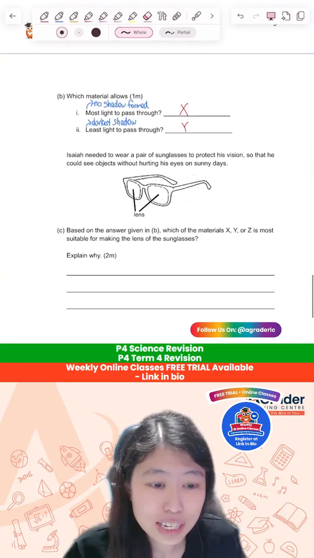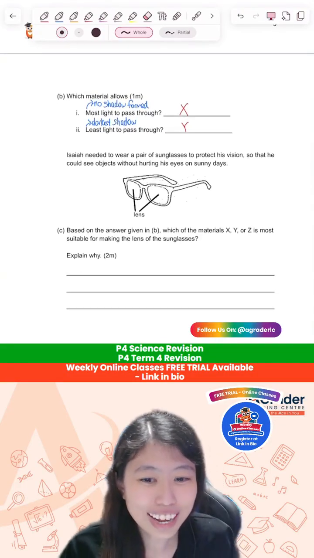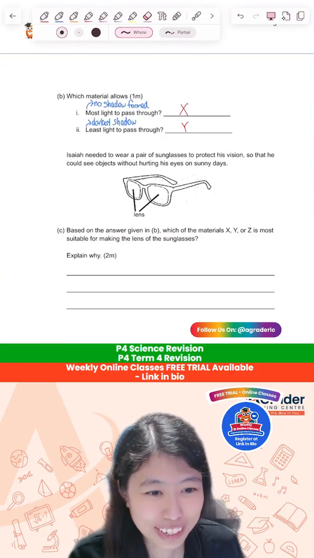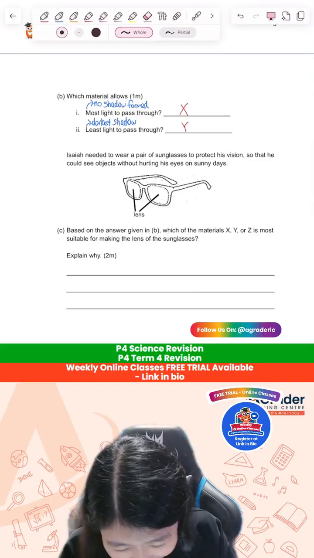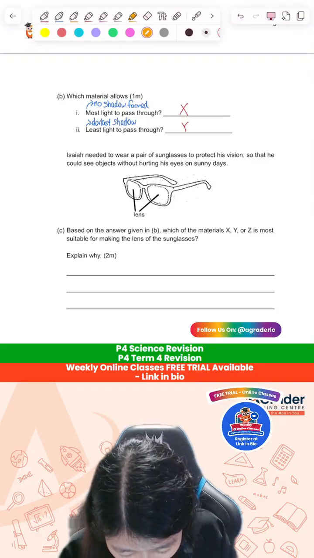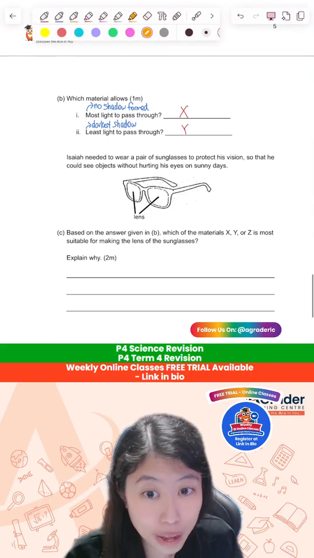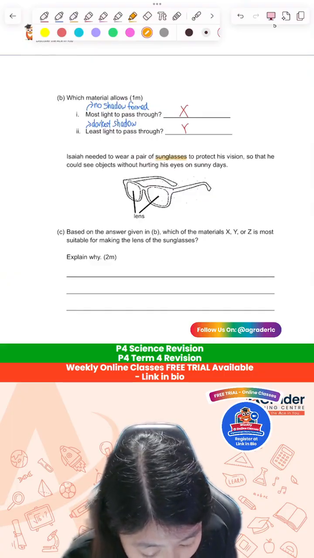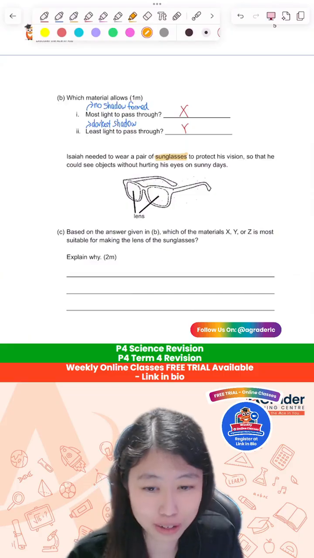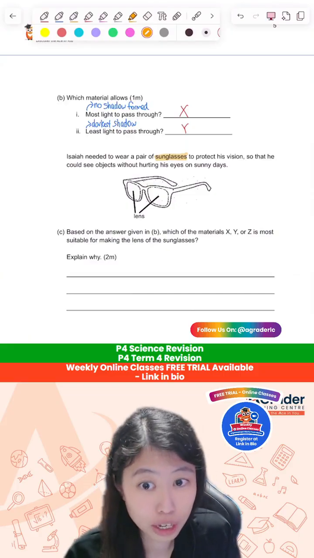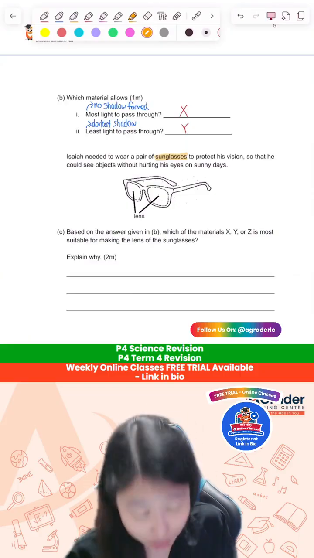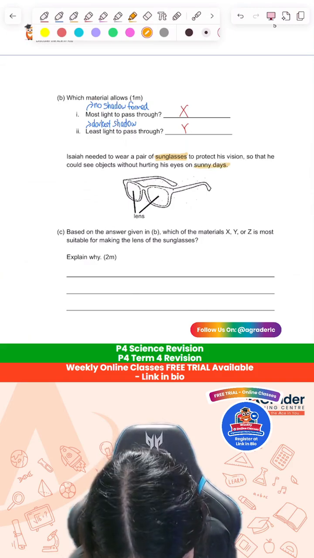Okay. So over here, this person needs to wear a pair of, take note, sunglasses, not your normal spectacles, okay? Sunglasses to protect his vision so he can see objects without hurting his eyes on sunny days.